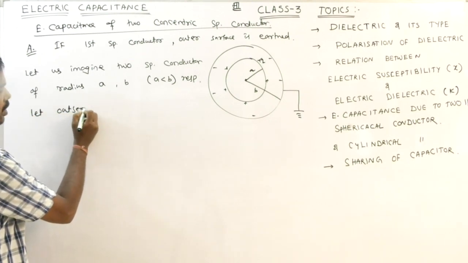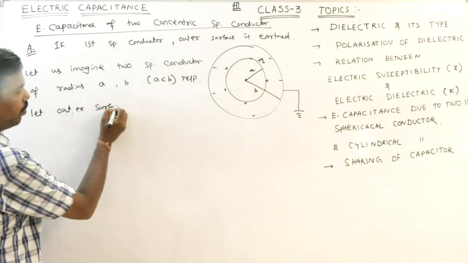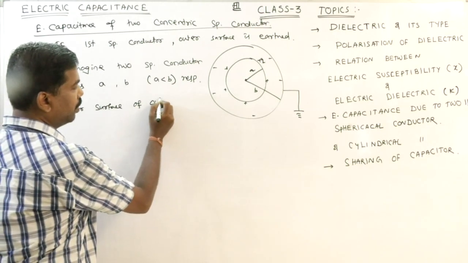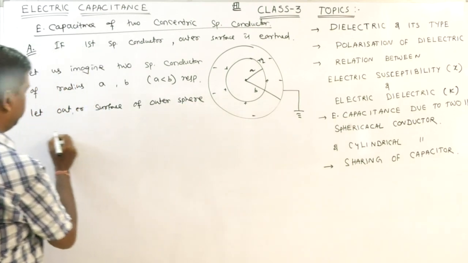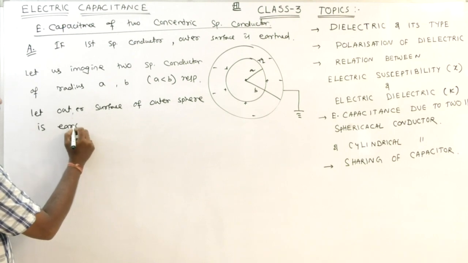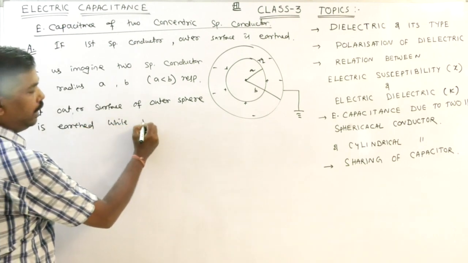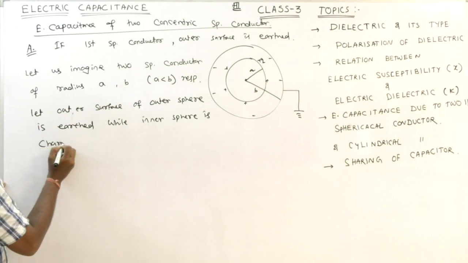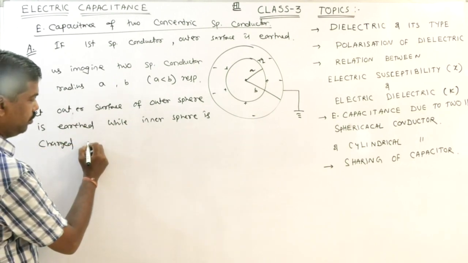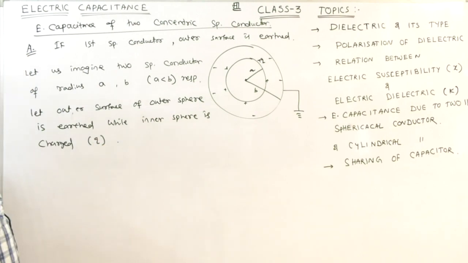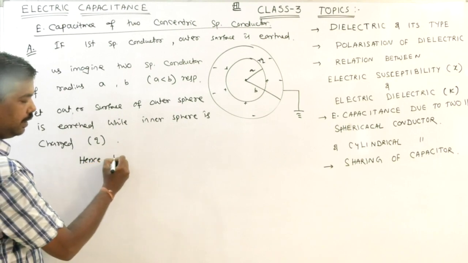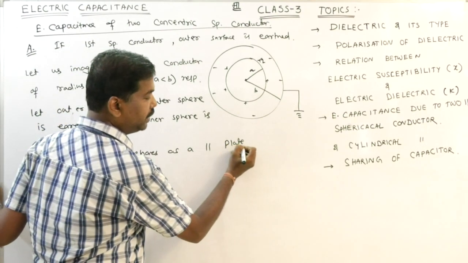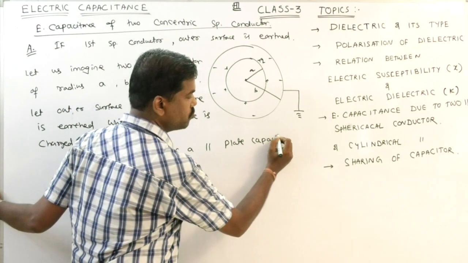Let the outer surface of the outer sphere be earthed, while the inner sphere is charged with Q. Hence, it behaves as a parallel plate capacitor.